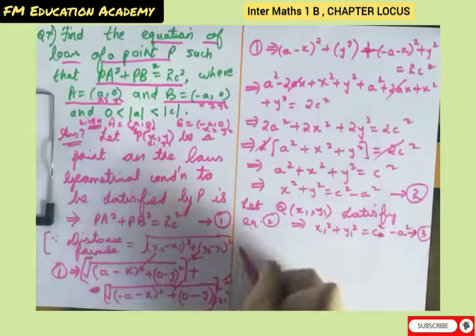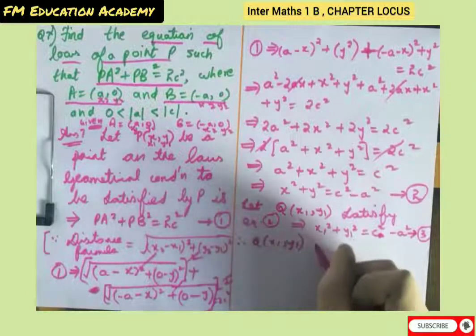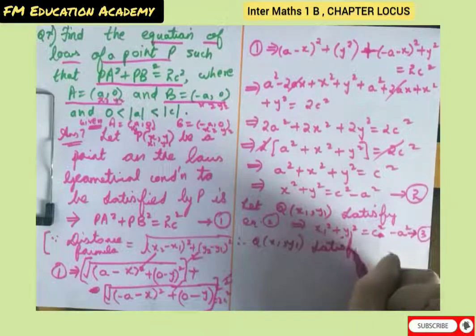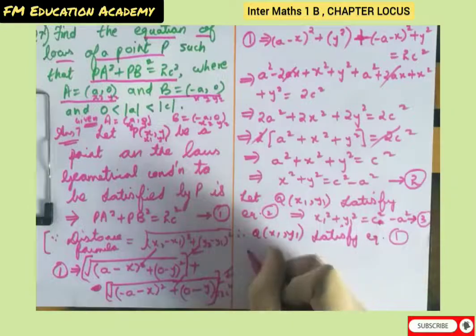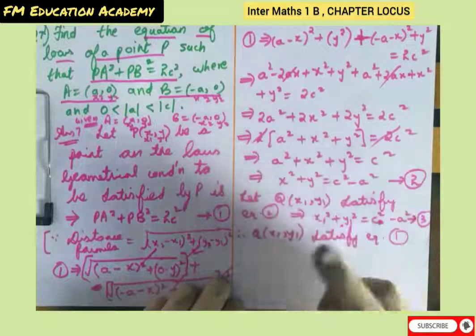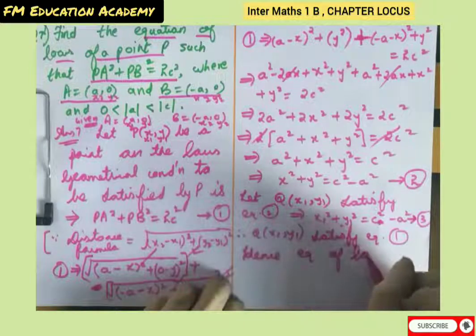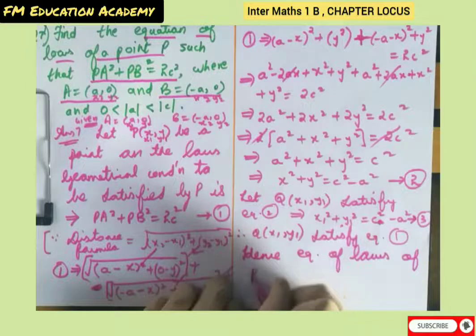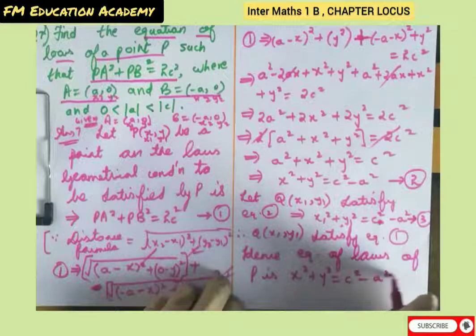So we can say that q x1 y1 will satisfy equation 1 also. So here we can say, what is the equation of locus? X square plus y square is equals to c square minus a square. Hence equation of locus of P is x square plus y square is equals to c square minus a square.